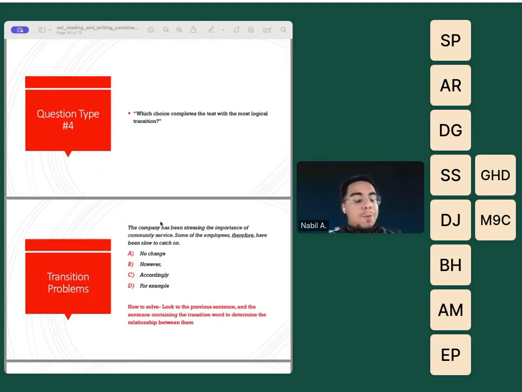So yeah, question type 4. This kind of ties in with our initial question type, logical word choice, and that's logical transition questions. Now, what are these questions like?